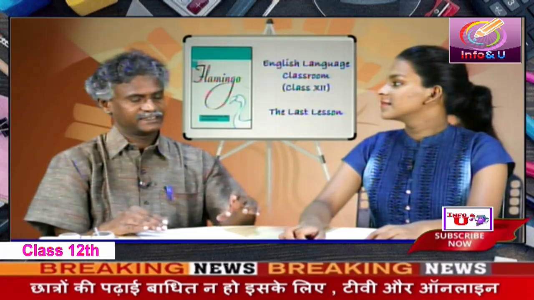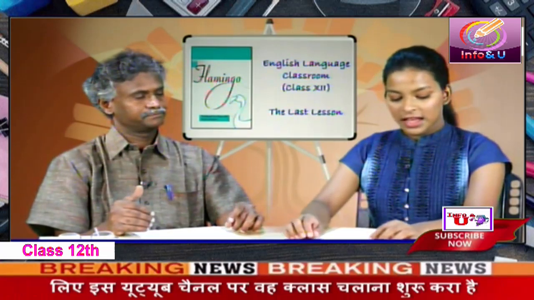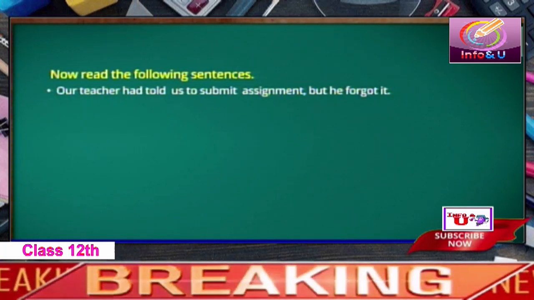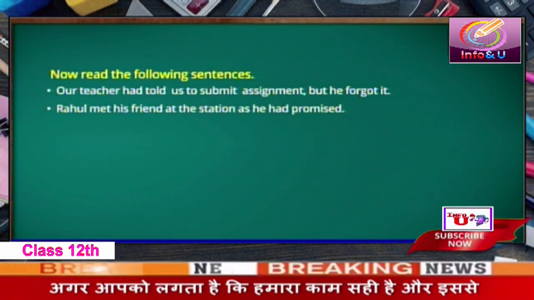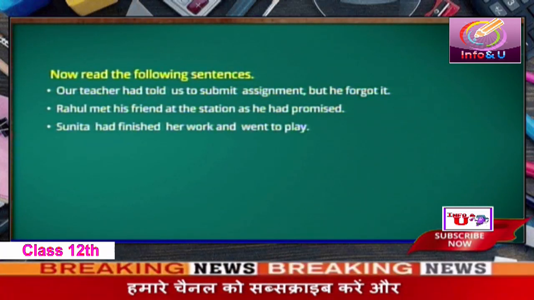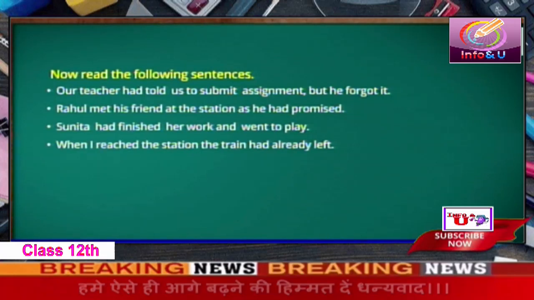Let me request Devyani again to read the 4-5 sentences which are with you on the screen. Our teacher had told us to submit assignments, but he forgot it. Rahul met his friend at the station as he had promised. Sunita had finished her work and went to play. When I reached the station, the train had already left.